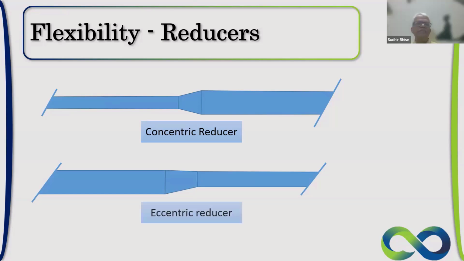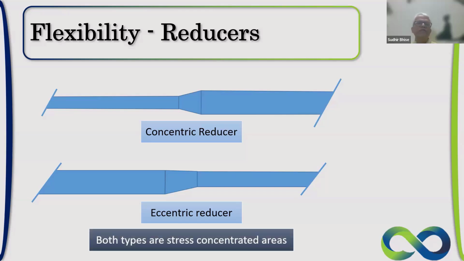Now, as far as the flexibility and rigidity of the reducers is concerned, both are equally stressful, and you have not much choice over the selection, because the choice of concentric or eccentric will depend on the requirement. Both types of reducers are stress concentrated, and we have no choice but to use whatever is required. So they will be accelerating the stresses in the piping system.